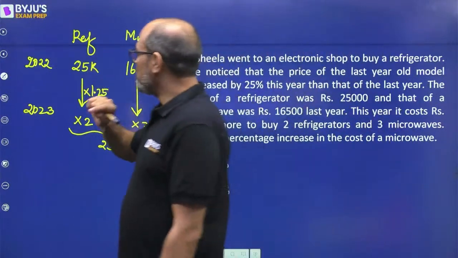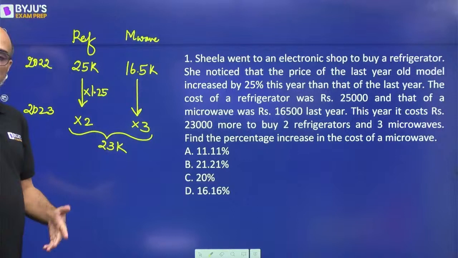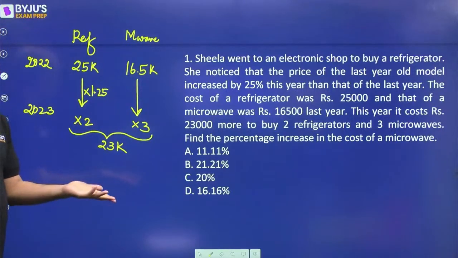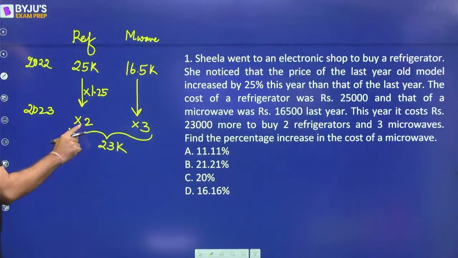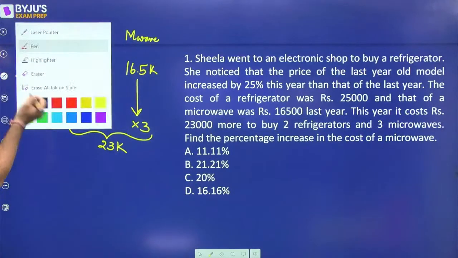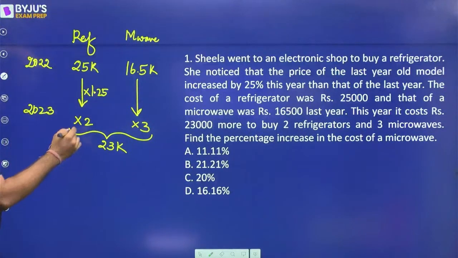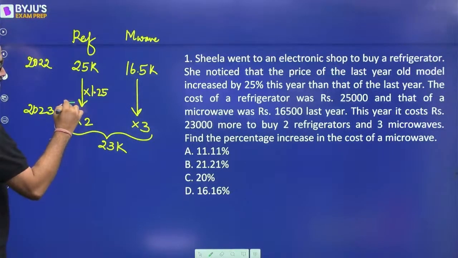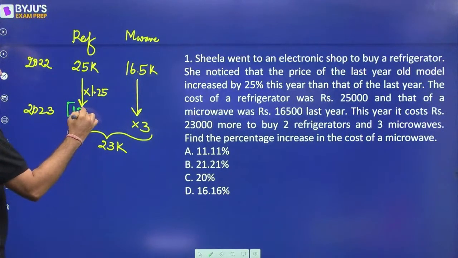So what is going to be 25% of 25,000? 25% of 25,000 is going to be 6.25 thousand. If 2 of them are there, the price increase is going to be twice of 6.25, which is 12.5 thousand.